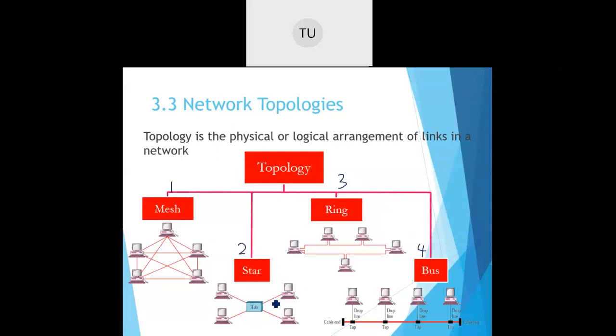What is star in English? Star means the shape of a star, right? You can see here we have five sharp ends. So in other words, this is something like a star.